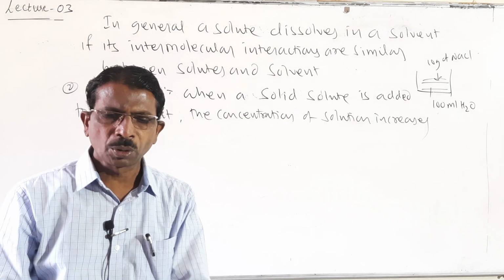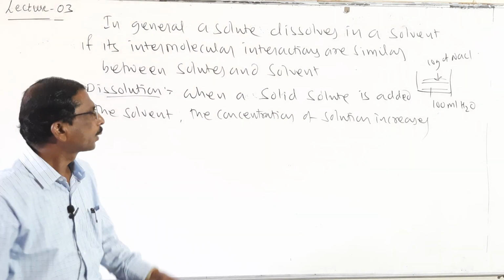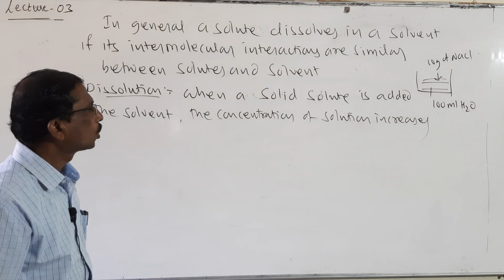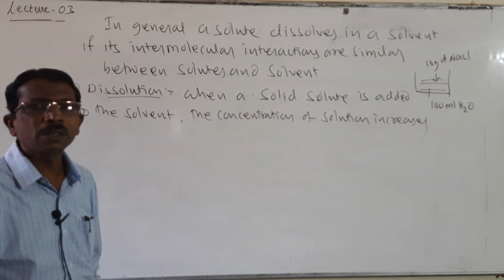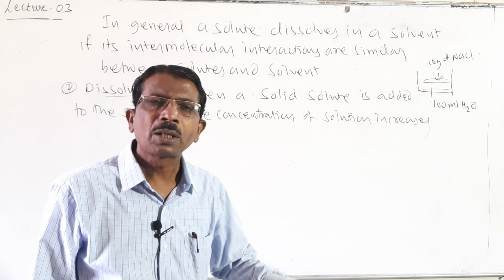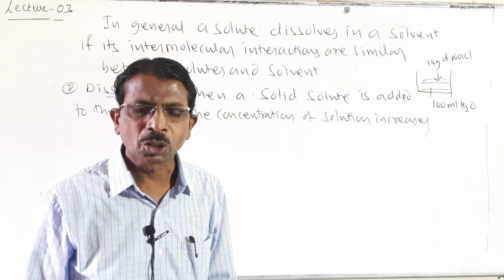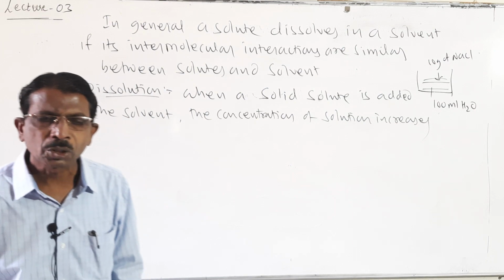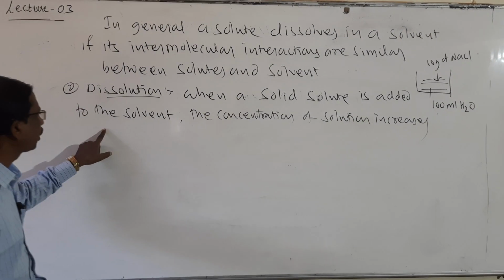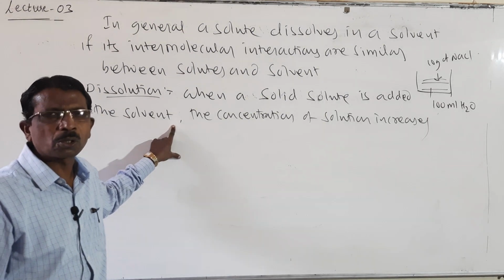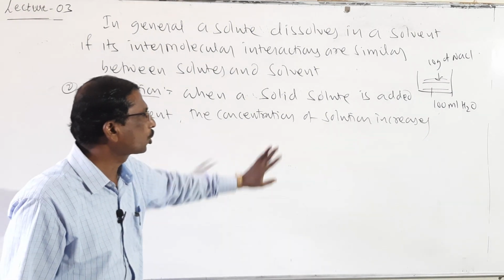Look here students, the concentration of solution increases. Why does it increase? Because the solute dissolves in it. When a solute dissolves, its concentration increases. When a solid solute is added to the solvent, the solute dissolves in the solution and the concentration of solution increases.